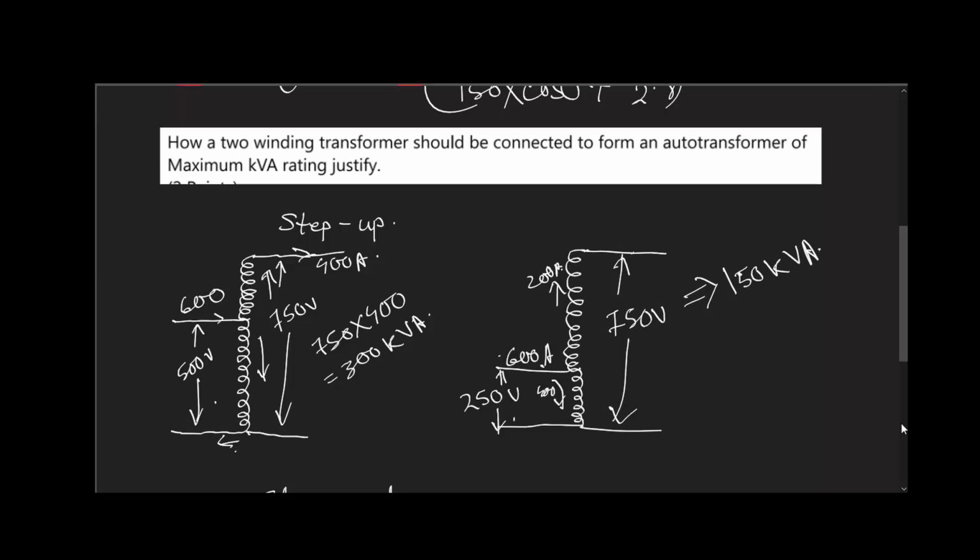K is the ratio between primary and secondary, right?